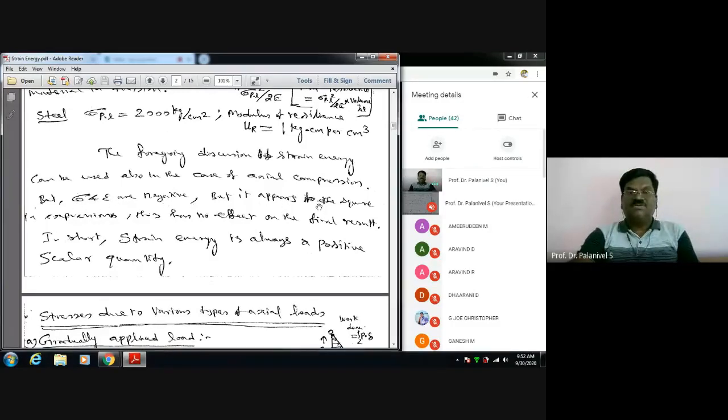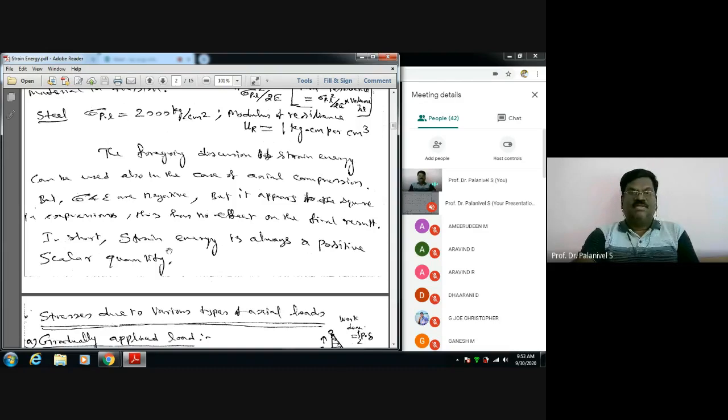But the stress and strain appear squared in the expressions, since modulus of resilience is equal to sigma square divided by 2E. Similarly, strain square, stress square is there. When you substitute sigma and epsilon with negative sign, because it is squared, it becomes a positive quantity. So this has no effect on the final result.